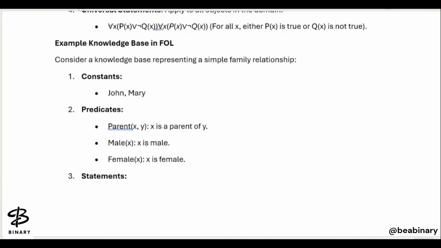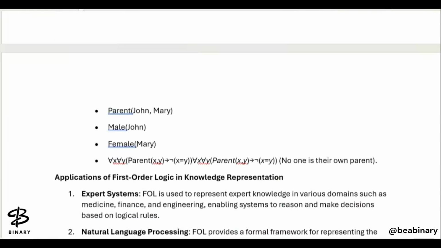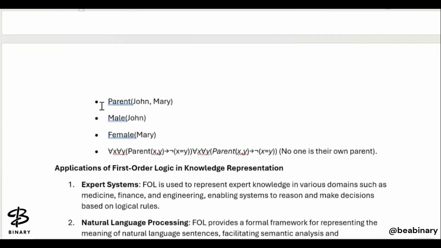So what statements are we talking about here? Parent(John, Mary), right? So John is a parent of Mary, and John is male and Mary is female. Another thing in this statement: no one is their own parent.